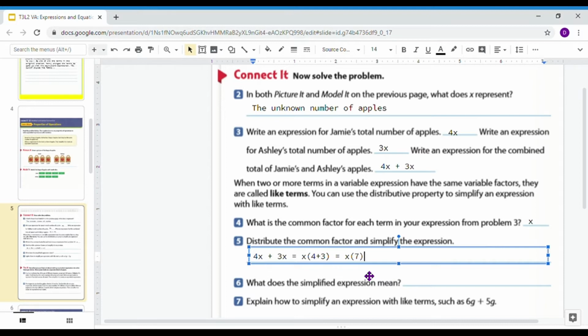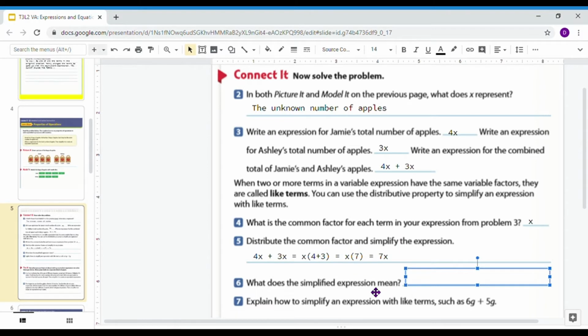So x times 7, and then I can distribute that x in there and I could get that my final answer would be 7x. So I guess the overall question is this right here: is 7x equivalent to 3x plus 4x?